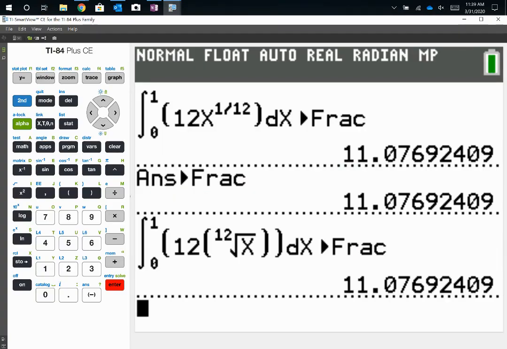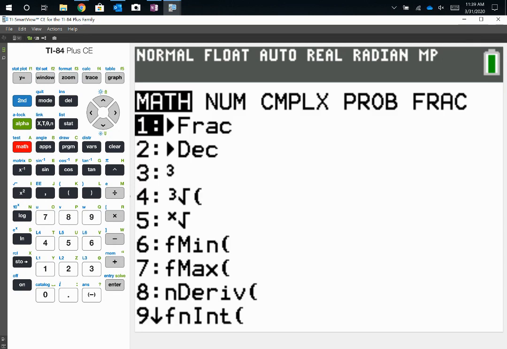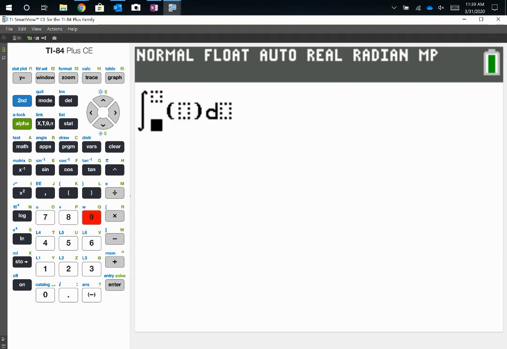Let's do a check here. Math, 9, 0, 1. Now you're going to have to be very careful how you use your parentheses here.